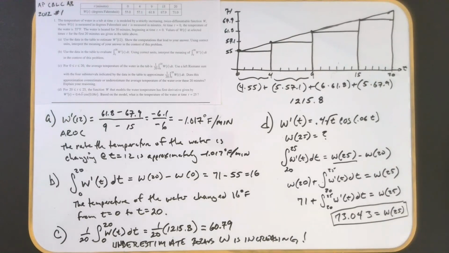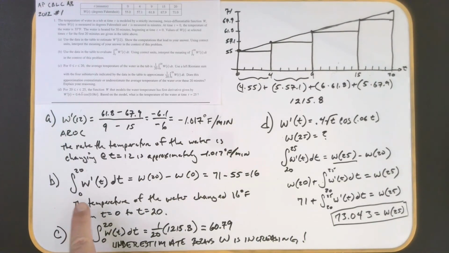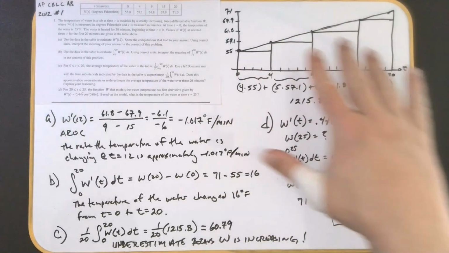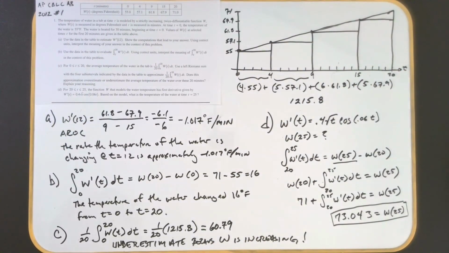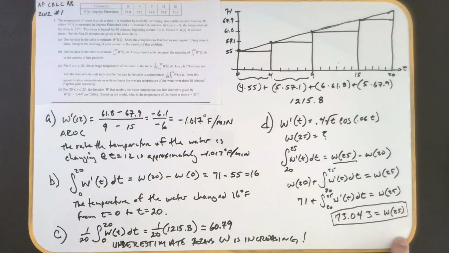We keep heating up this last part. But what's the average rate of change? They give us an interval. Then find fundamental theorem. Explain what this means: just the water changed 16 degrees. An average rate of change question with a Riemann sum, which is always the case with a table of values. And then they give us the rate of change function. Do we know how to integrate that and polish it off? Okay. So there it is, AP Calc AB 2012 number 1.